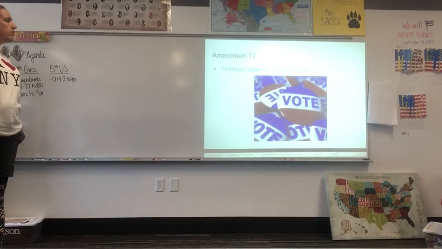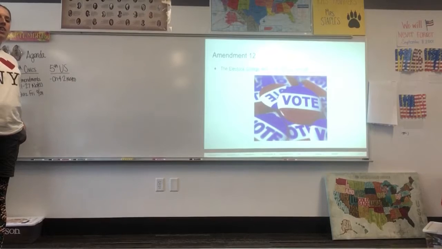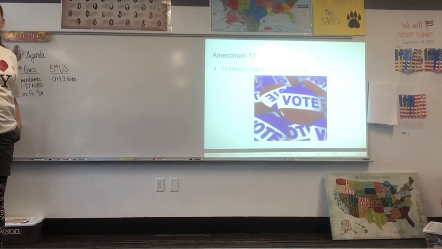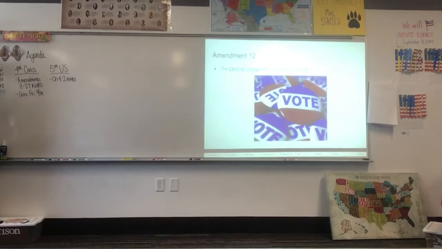Okay, Amendment 12, the Electoral College officially elects the President and the Vice President. That, hint, hint, is definitely on your Constitution test. I just read the test to a group last hour, and it is on there. We good?